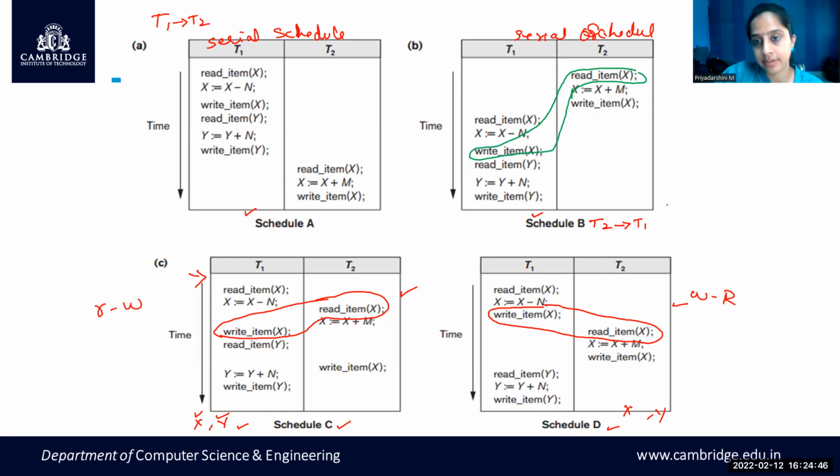Even here I have a read-write conflict, which is followed by T2 to T1. Here also it was T2 to T1. So I have a read-write conflict. Hence it is conflict serializable, because the conflict is equivalent to one of the serial orders.